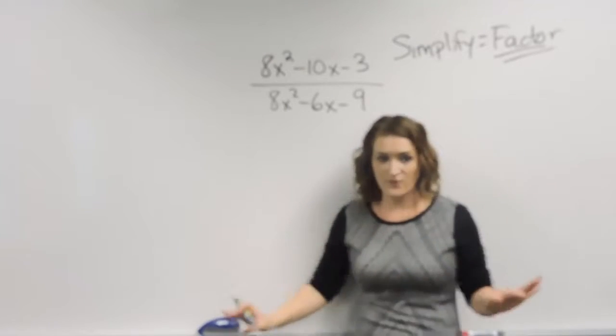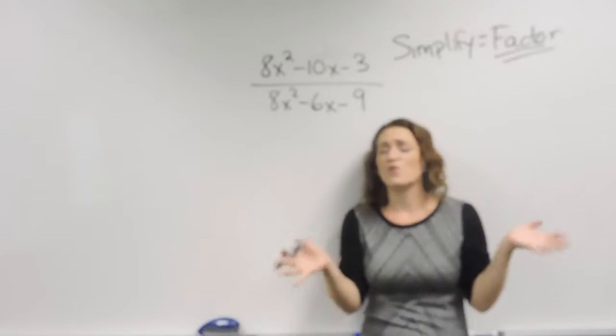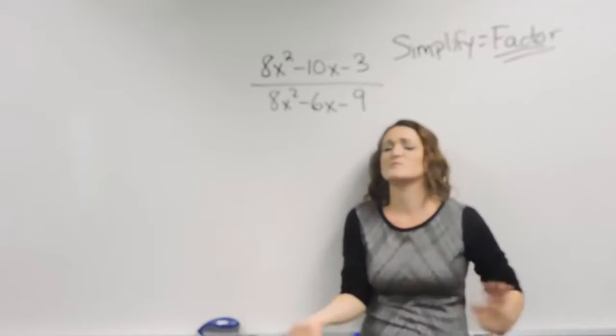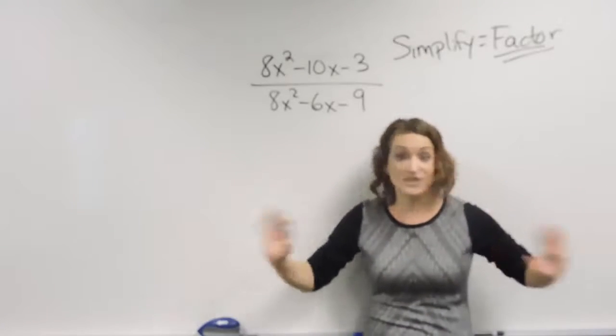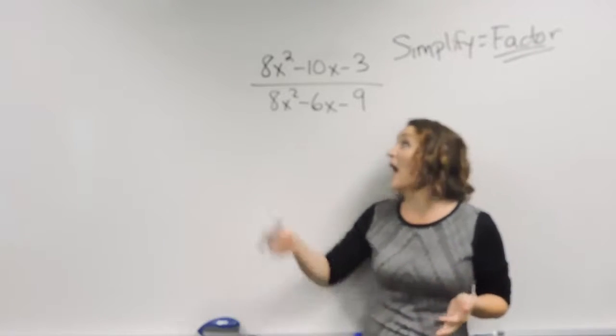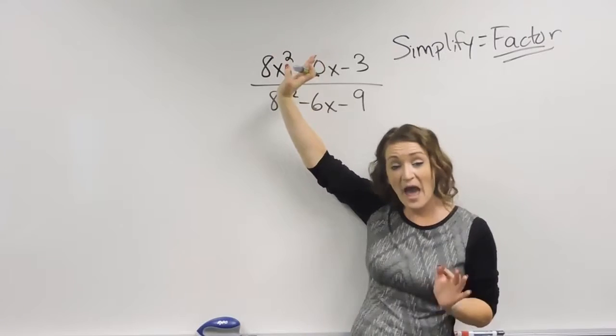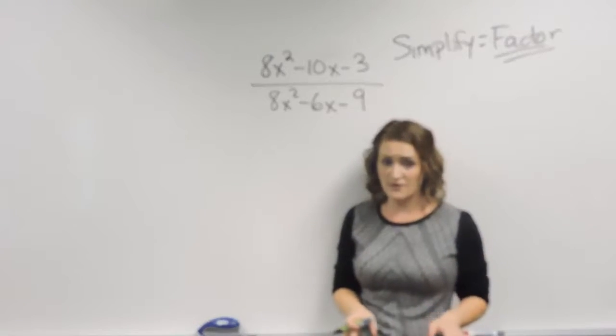There are so many different factoring techniques out there: difference of squares, reverse FOIL, grouping, difference of cubes, sum of cubes, AC method, and so much more. Depending on what you have in your numerator and denominator, that's going to tell you how you need to factor it.